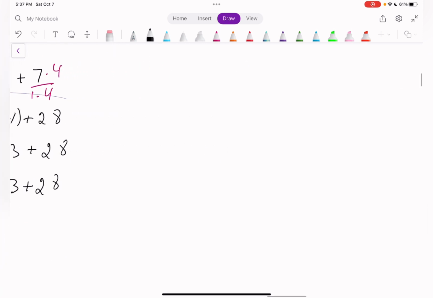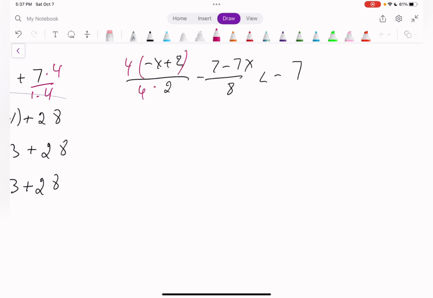Negative x plus 2 over 2 minus 7 minus 7x over 8 less than negative 7. So 2 and 8, the common denominator is 8, meaning this one we multiply by 4. The second fraction we don't touch because we have 8, and here we multiply by 8 times 8.